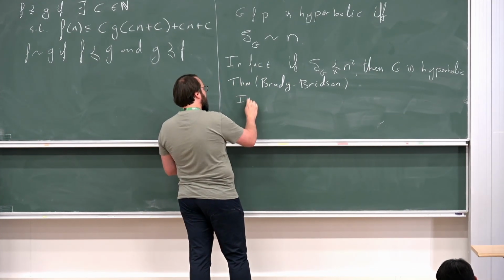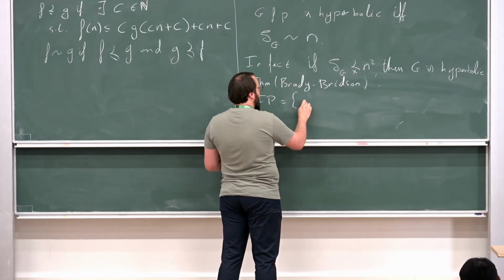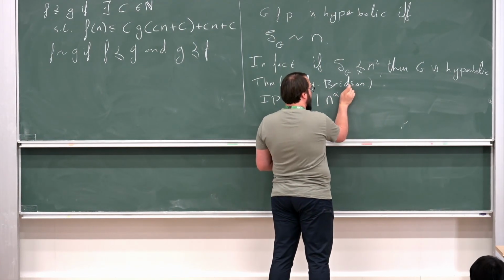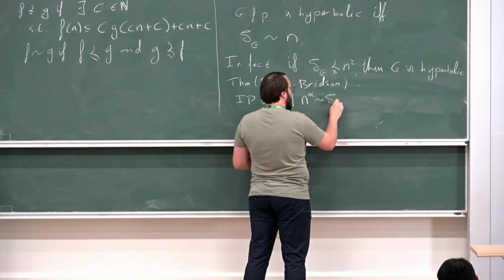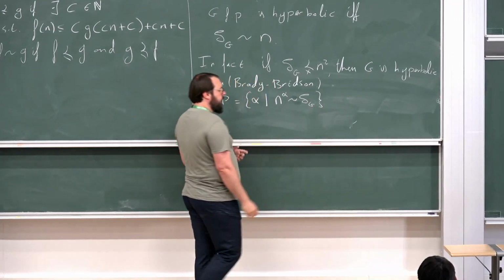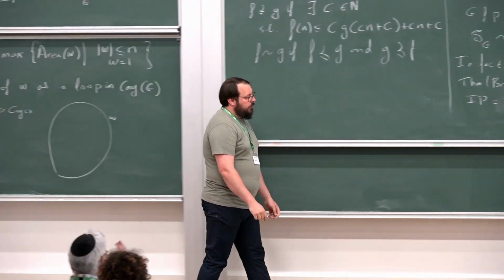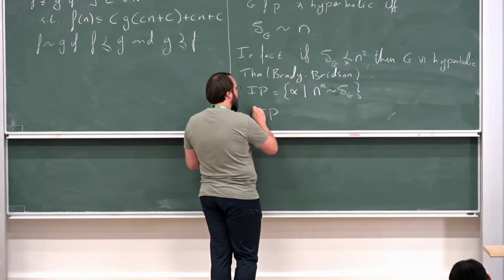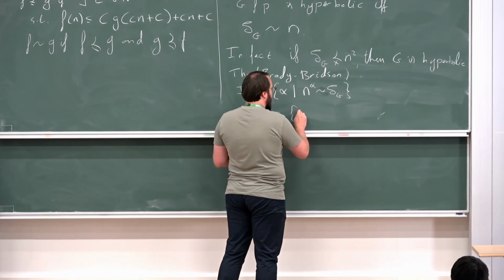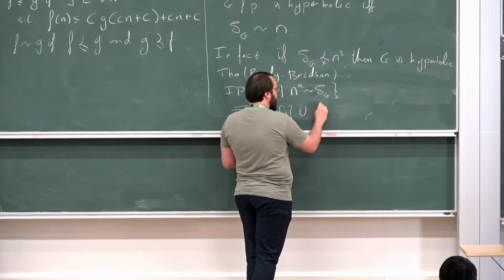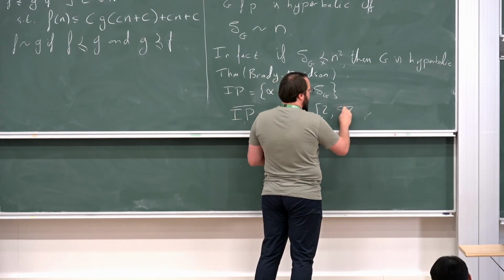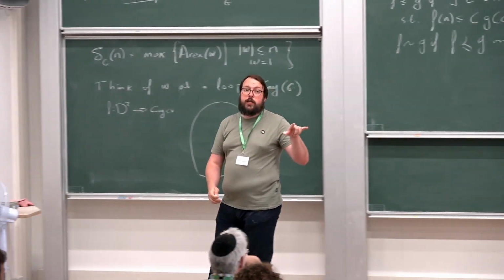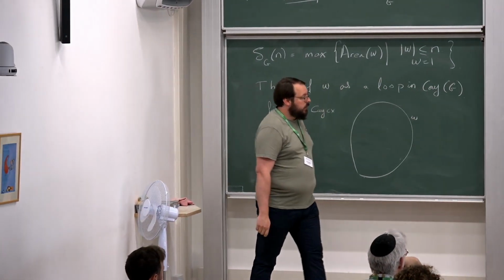So if you take this set of alpha such that n to the alpha is equivalent to the Dehn function of some G, this is some subset of the reals, then Brady and Bridson proved that the closure of this subset contains one, that's hyperbolic groups, and it contains everything else. Okay, so there's only this one gap.